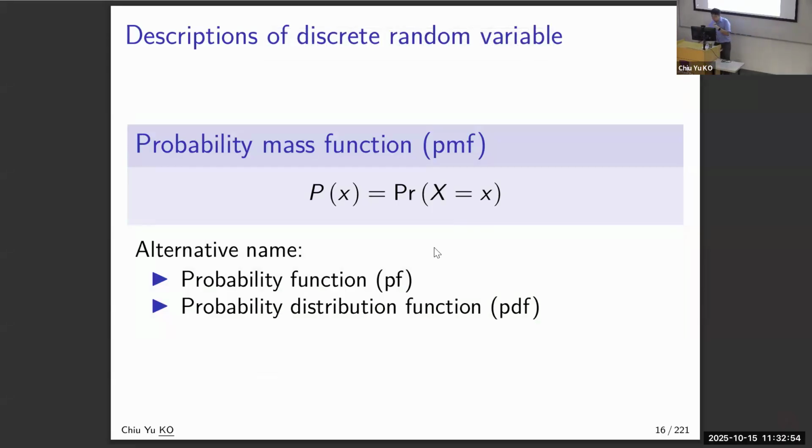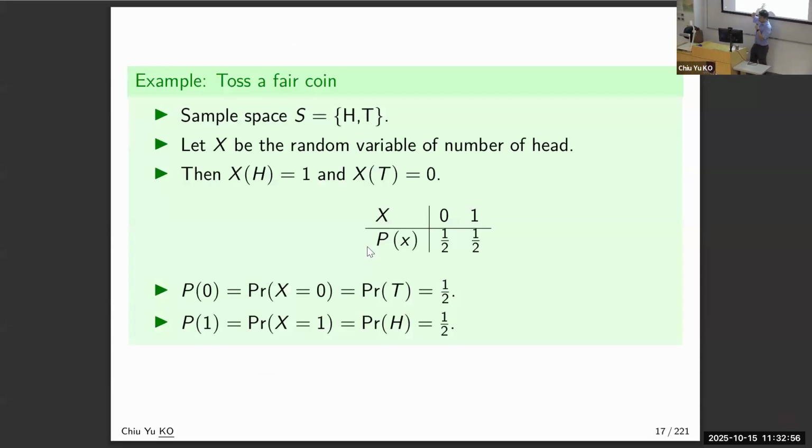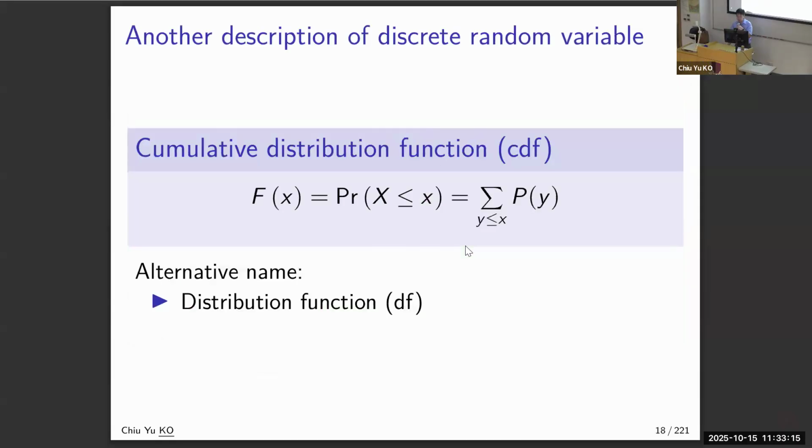For example, with a coin, the result is head or tail. My random variable maps to the number of heads, a measurement, so it's 1 or 0. If you give me number 0, I give you 1/2. Give me number 1, I give you 1/2. So you give me a number, I give you a probability.